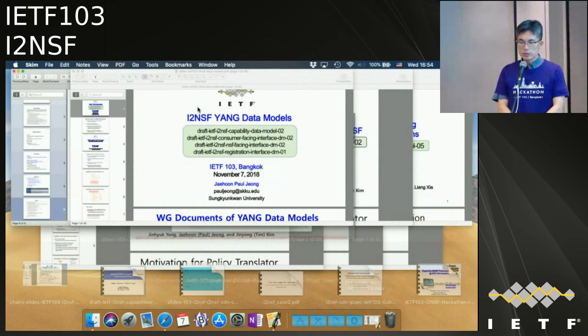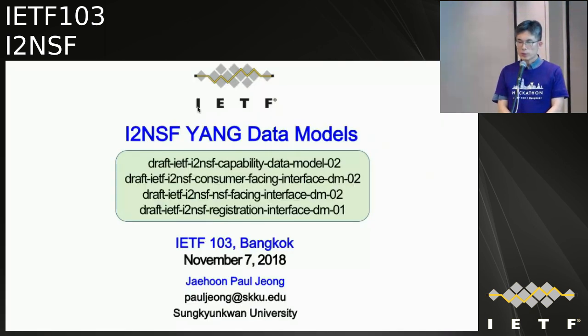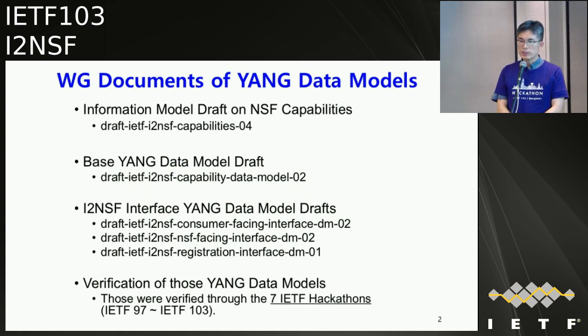This is Jaehoon. I will present briefly on our working group data model draft. I think the information model is at a pretty stable stage, and maybe after another round, a working group last call is reasonable.